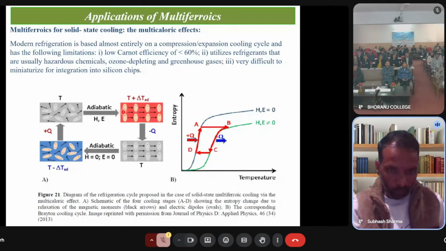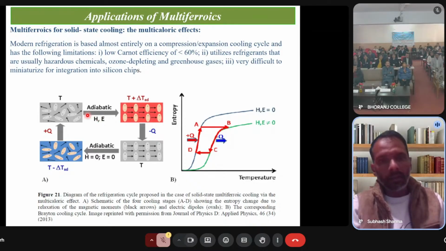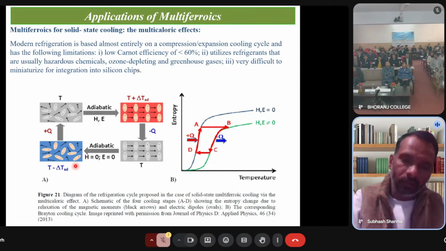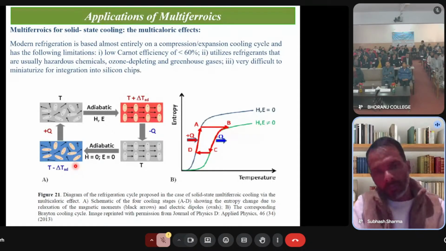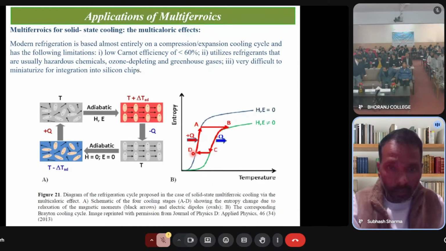This oval is the electric dipole moment, and this arrow is the spin. By applying an electric field and a magnetic field in a thermodynamic cycle, you can arrange and rearrange them, and in the final step the things cool down without any chemical reactions. So from A to B, B to C, and C to D, right? This is a very good application.